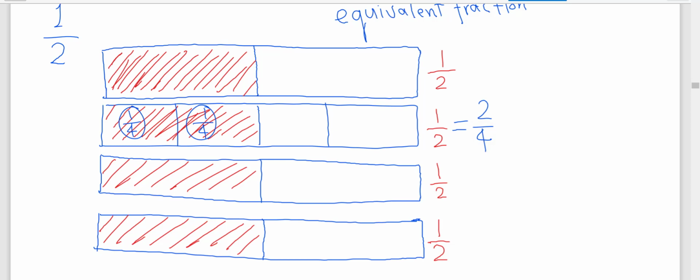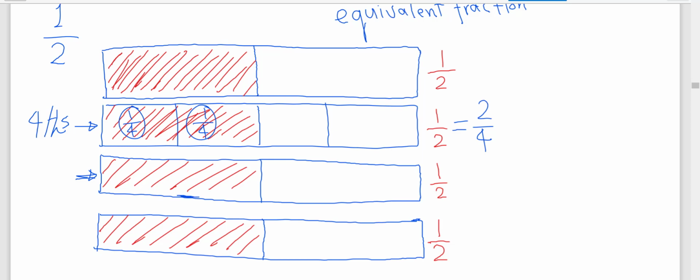So here we divided one whole into fourths. In this one whole, we divided it into two equal parts. This part is called half.